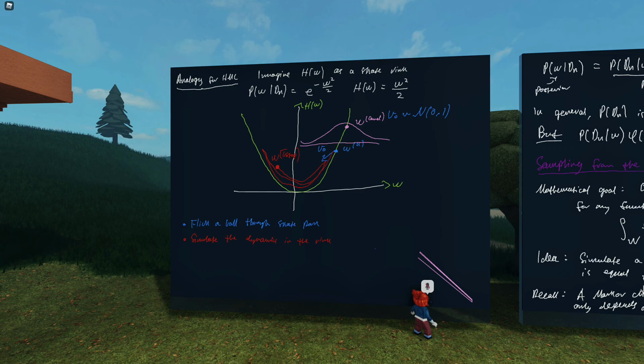What Hamiltonian Monte Carlo is doing is it uses the information of H of W, which it has access to because we can calculate the model and the prior, and it simulates a trajectory through phase space according to that Hamiltonian, so that it actually sticks to regions that have quite dense probability according to the posterior.